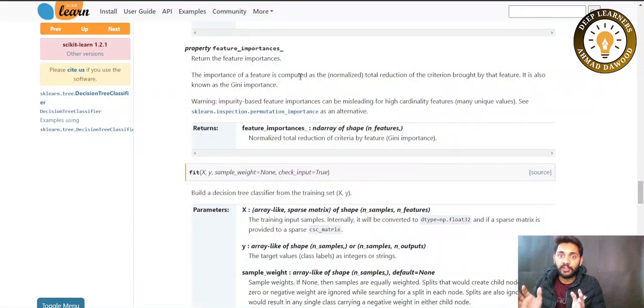If you have five features, during the training process each feature can be used at some stage for splitting. So it measures how much each feature has reduced the impurity of the whole tree. It calculates the total reduction in impurity for each feature, then normalizes that and gives you the importance of the features in the form of percentages, or decimal values.